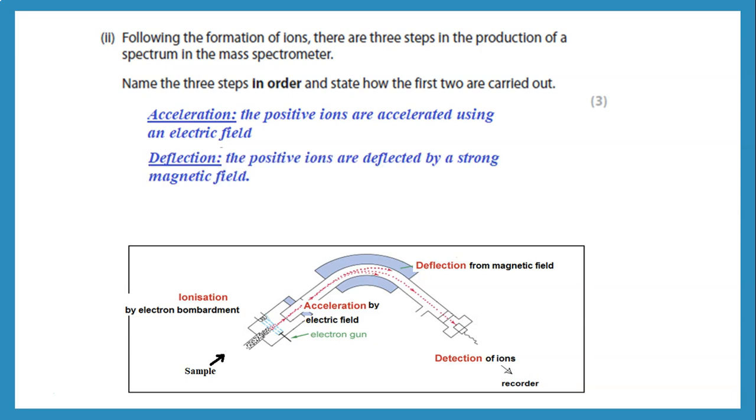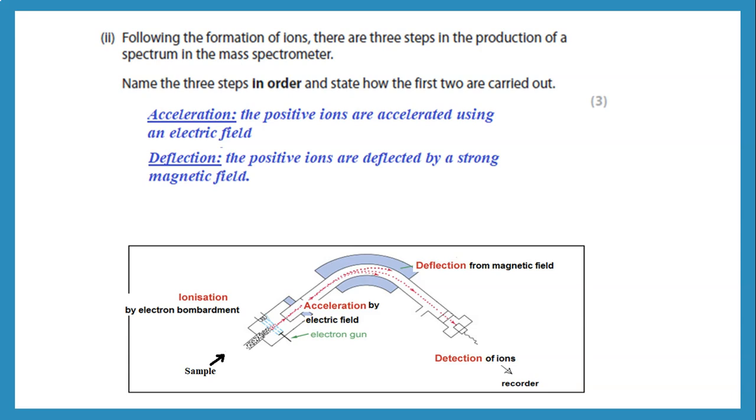Now what happens after that? We have passing through a magnetic field, we have deflection. So what happens is the positive ions are deflected by a strong magnetic field, and we said this deflection separates them because the ones with lower molecular mass will be deflected more.